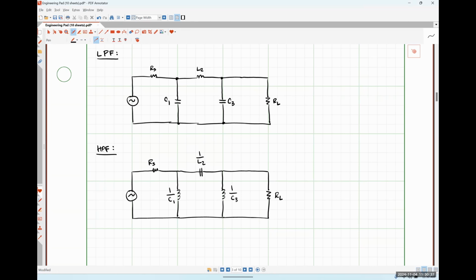The reason why this works, at least from a dimensional or unit standpoint, let's look at our capacitor. If we have a capacitance measured in amp seconds per volt, the reciprocal of that is going to look like a volt over amp seconds.